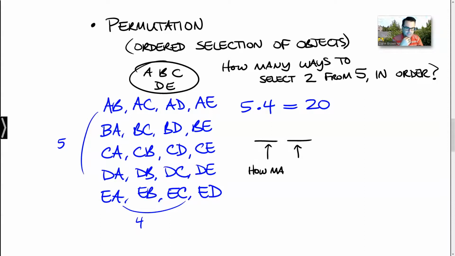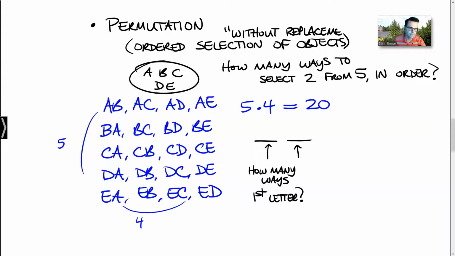How many ways to get the first letter? I should say these are selections without replacement. So once you select something, you can't select it again. You can't put it back into the collection. That would be a different problem.